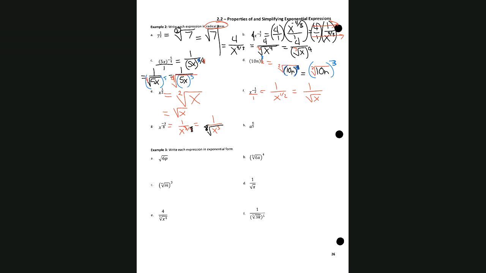Another way to write it will be 1 over, and then we will place x in the 8th root, but then we will change that to the 3rd power. So those two are equivalent.